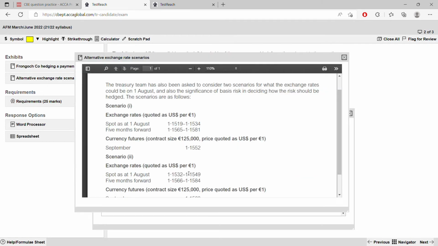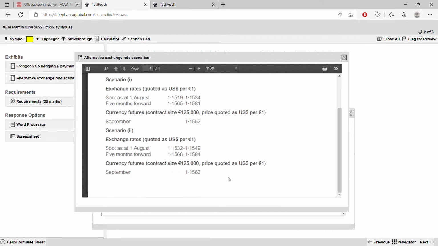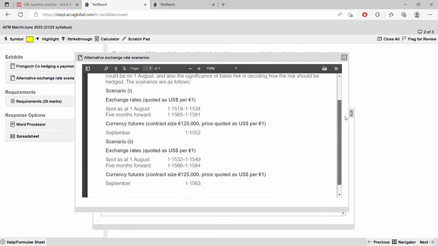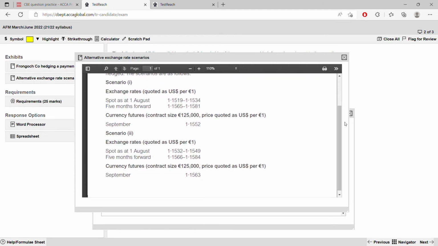Okay, they have not given it, but using the future you can tell that options will not be exercised in this case.